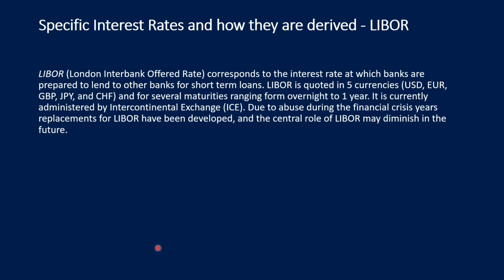Now let's go into some specific interest rates and how they are derived. We start with the Libor. The Libor is an abbreviation for the London Interbank Offered Rate. It corresponds to the interest rate at which banks are prepared to lend to other banks for short-term loans.